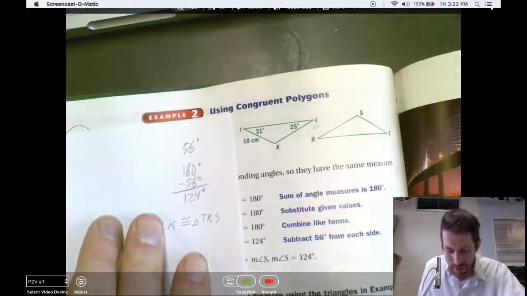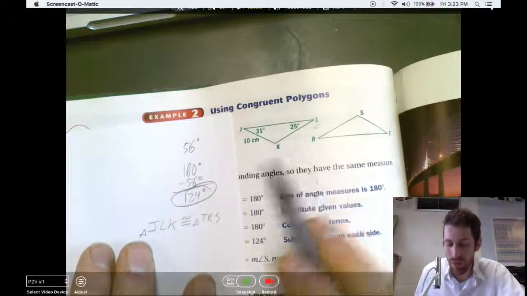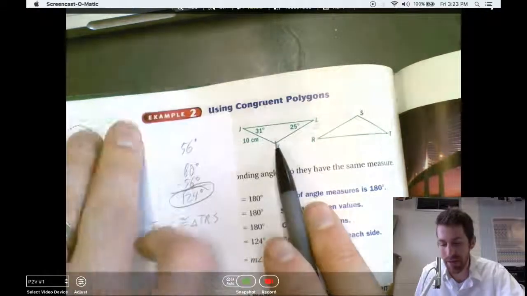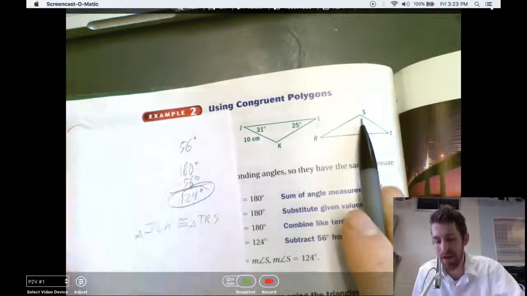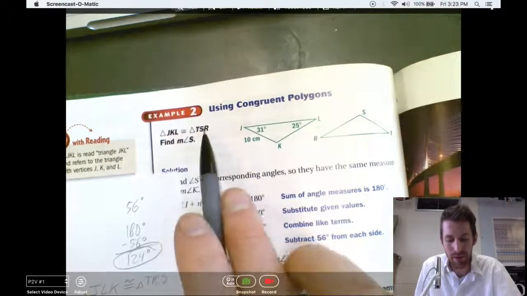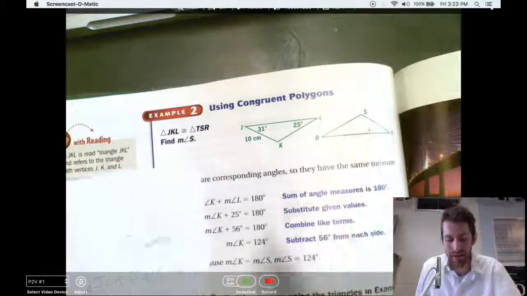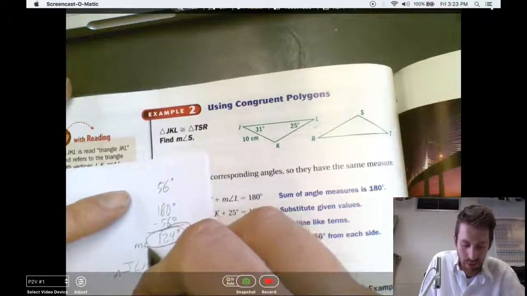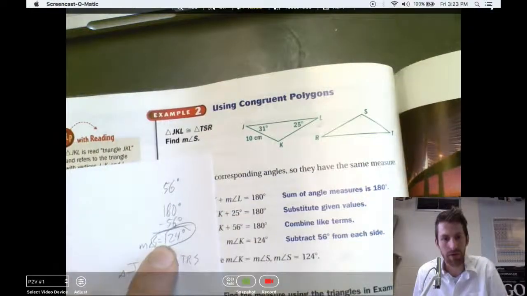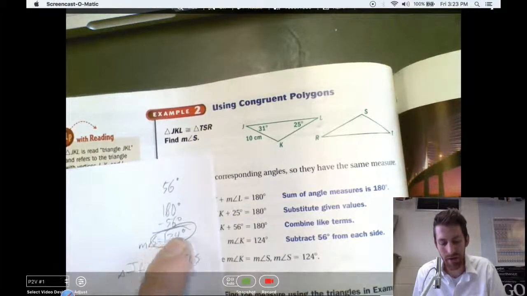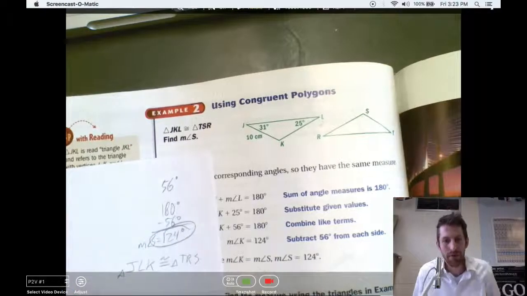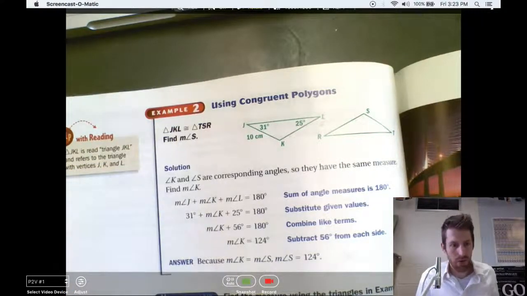Am I right? I think I am. 124 is what K is. And because that's the corresponding angle with S, K is in the middle, S is in the middle, then S is also 124. And I use the equal sign because this is an amount. It's a number amount.